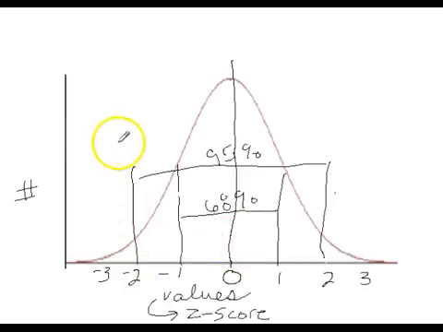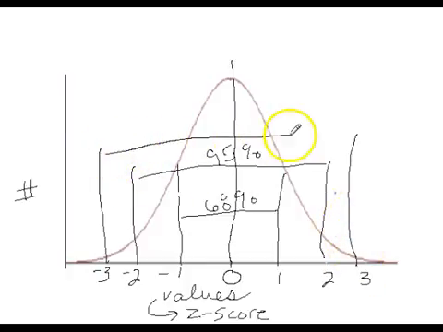You take it way out to the tails here, and you come out -3 and +3 standard deviations. And now you should be capturing almost 100% of your observations, 99.7%. Okay, so that's what we're trying to do here.